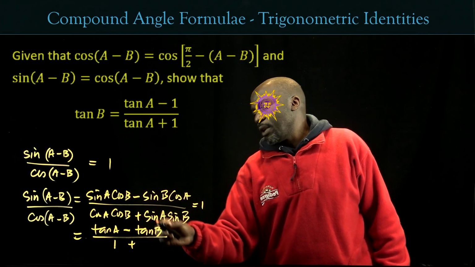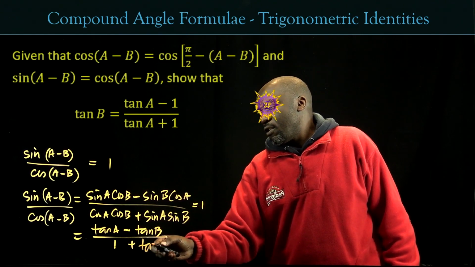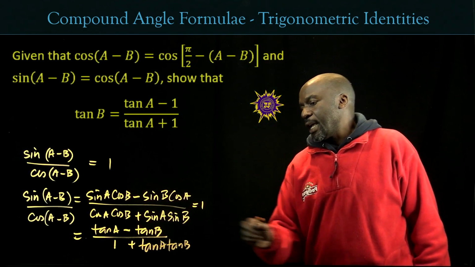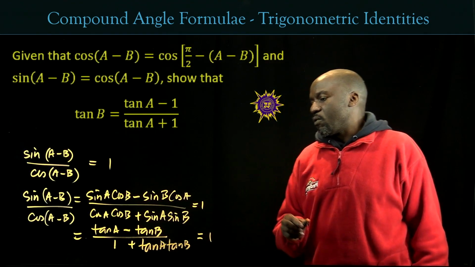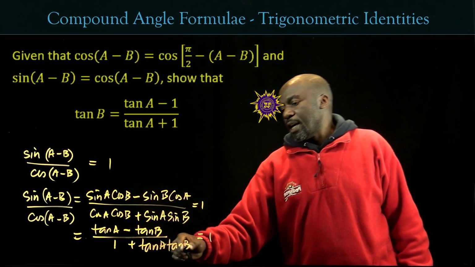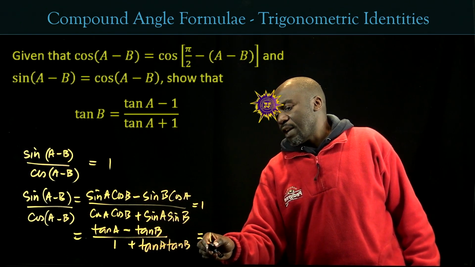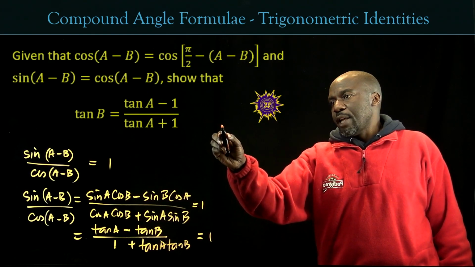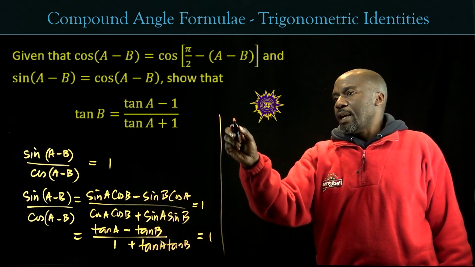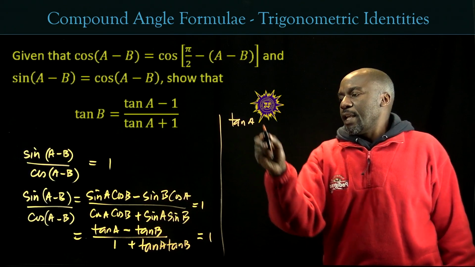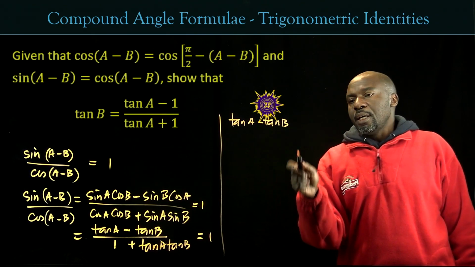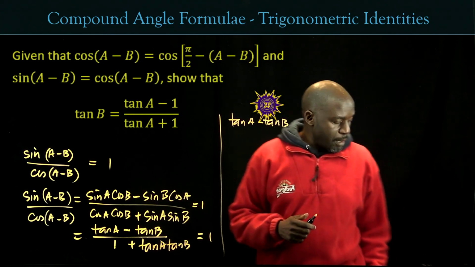And this becomes plus tan A tan B. And all this is equal to 1. If I cross multiply, I can write this as 1 over 1 and then cross multiply.